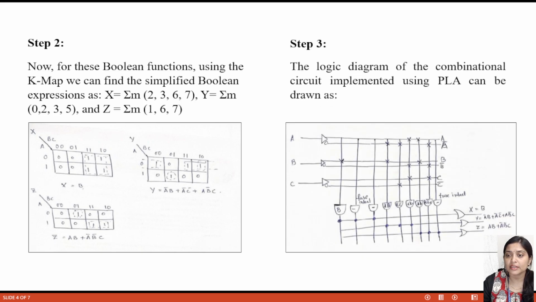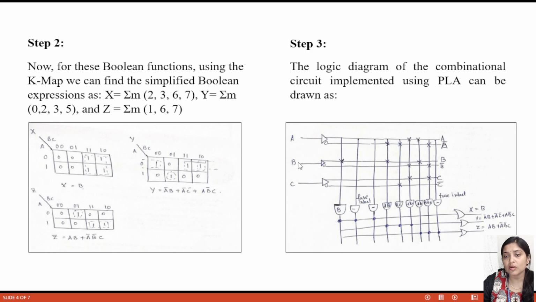So this is the circuit. What is this? This is a buffer. Here this is A, and this line is A, and this is a not, so this line goes to A bar.